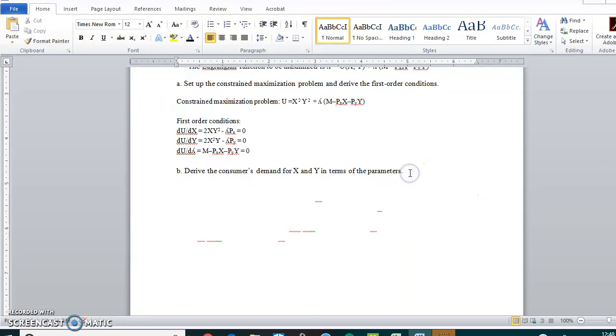Now, if there's any way that we could look at this without doing a little bit more math and see which way the line would naturally slope, we would be able to discuss the parameters, but we don't know that, so we've got to do a little bit more work, which again is right in your book. Okay, so we're going to use the first two first order conditions, which means we're working with these.